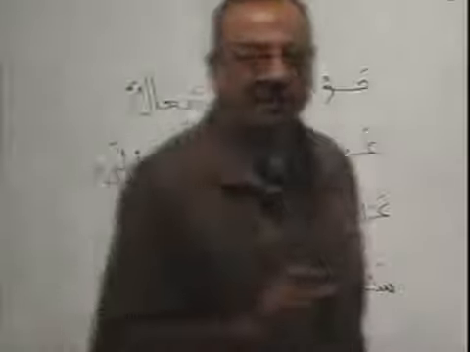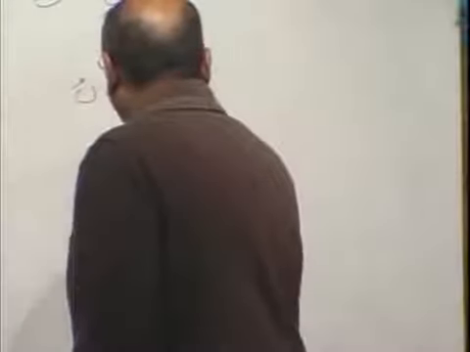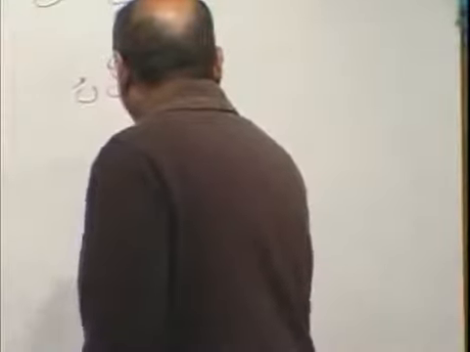Keep that in mind. Now, coming to jav'anu, the verb is like qala. What is the root of qala? Qawala. Are you with me? What is the root of zaka? Zabaka.